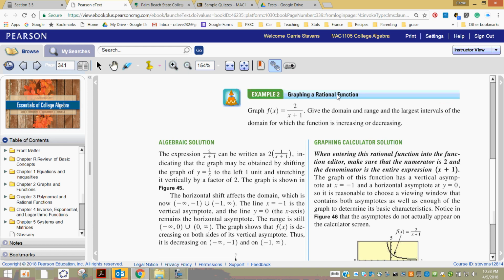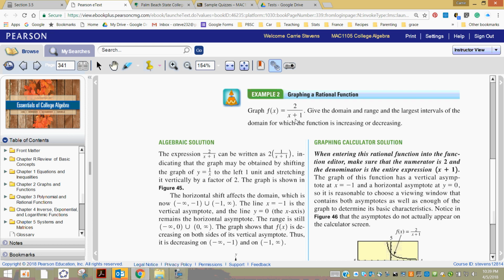All right, this example, we have 2 over x plus 1. So this time it's not going to be flipped upside down, but we do have a horizontal shift to the left 1 unit because x has an addition of 1 on it. And remember that whatever sign is being applied to the x value, you're moving in the opposite direction.